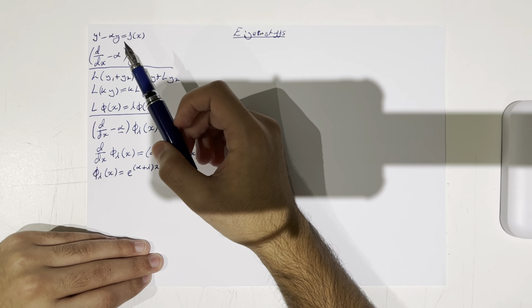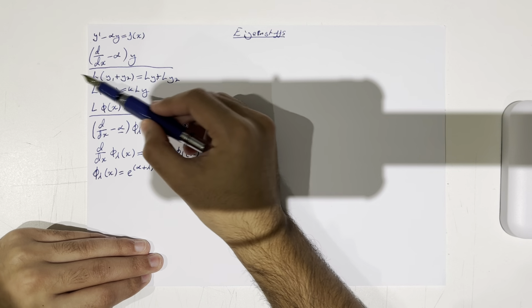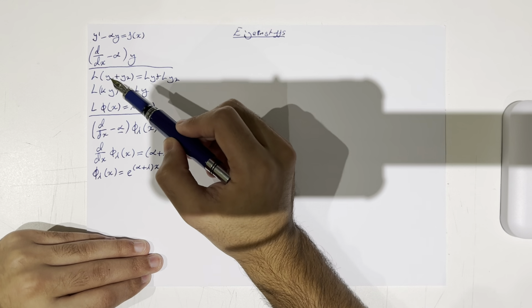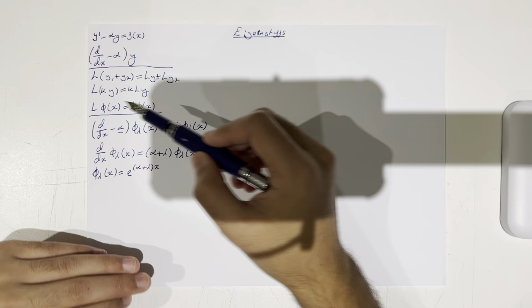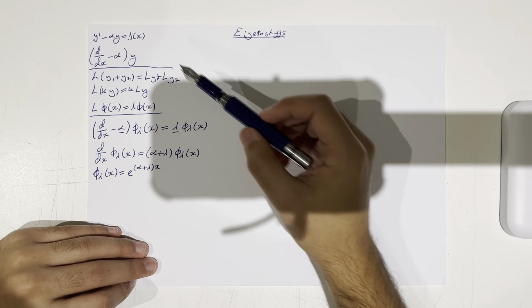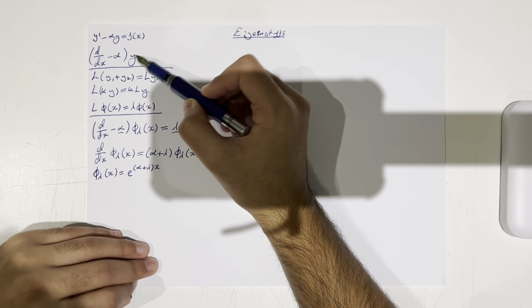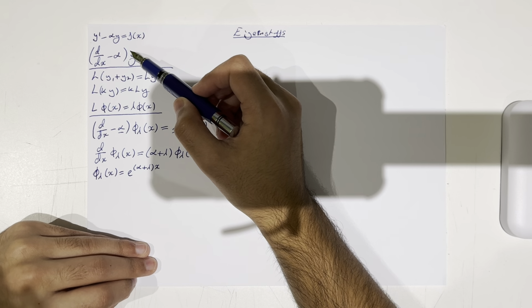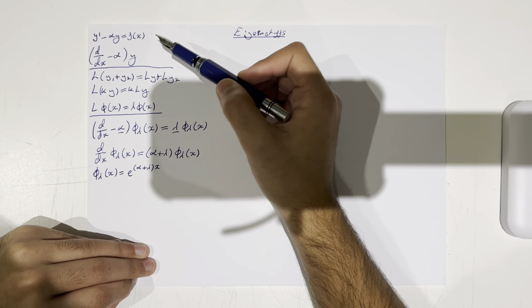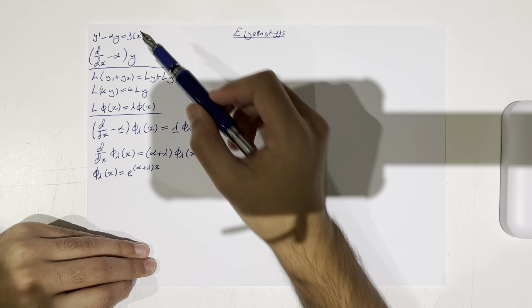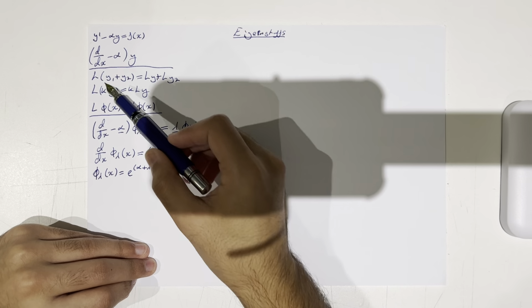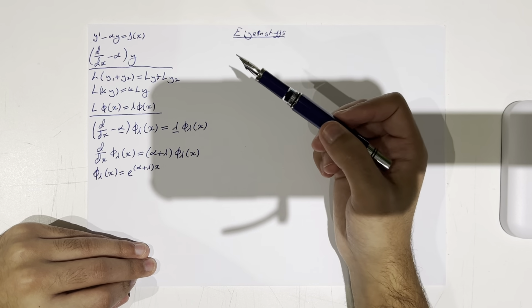And if a linear transformation is invertible, then its inverse is also linear. And if we are able to write f as a linear sum of eigenfunctions, we may also apply the inverse and solve for y.